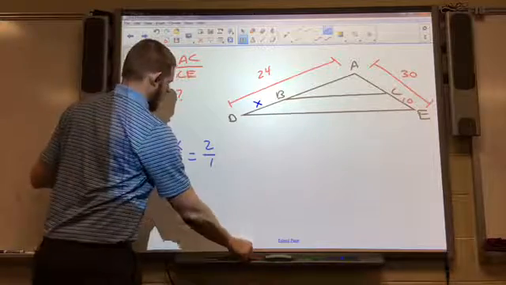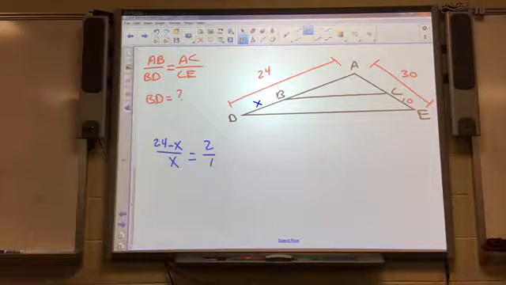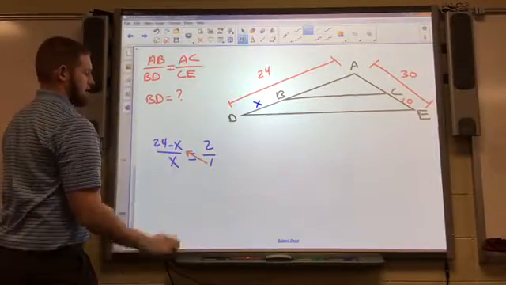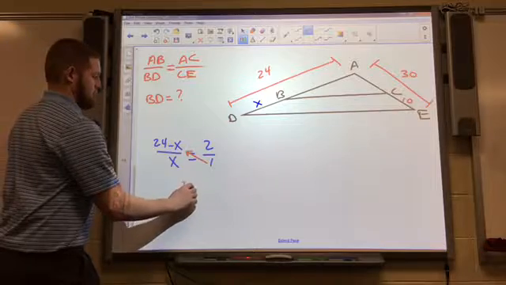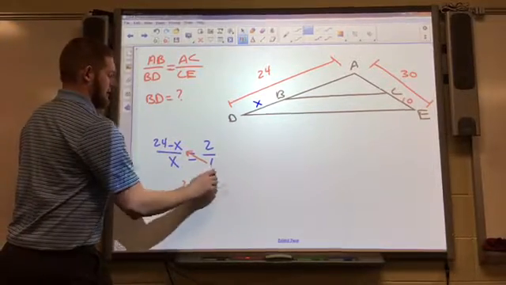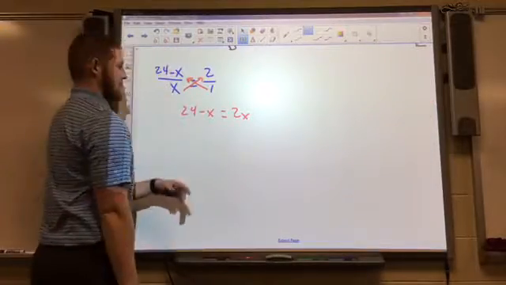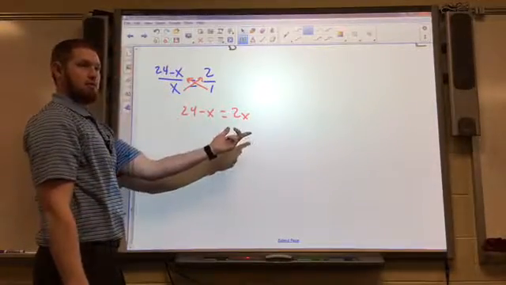So now when I start solving this, Seth, what do I do? I cross multiply. So 1 times that is 24 minus x, and x times 2 is 2x. And then I get my x's all on the same side.